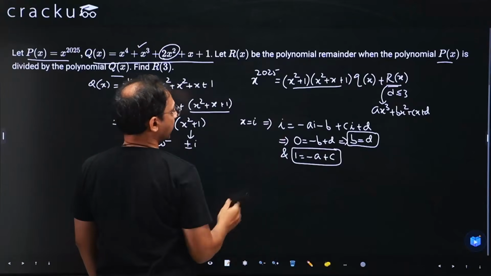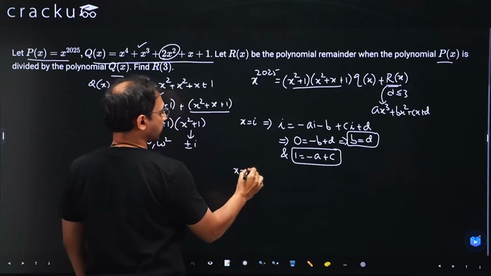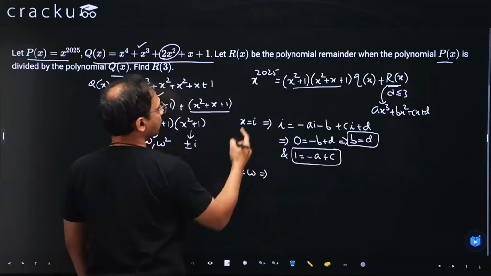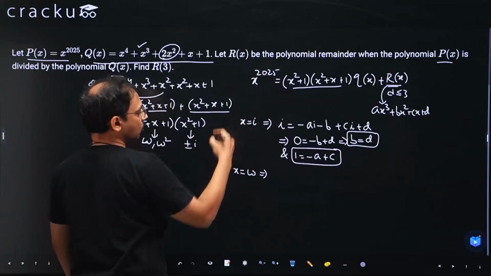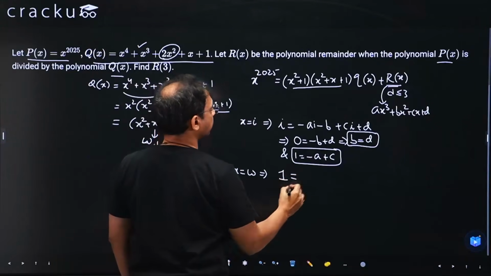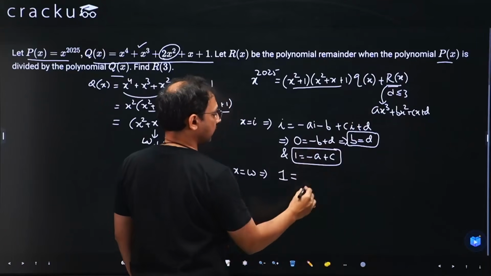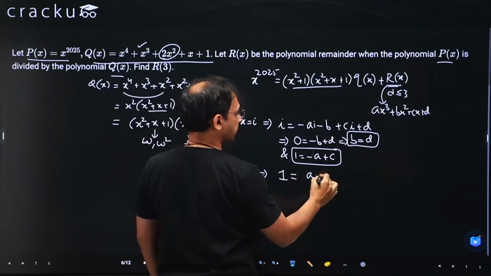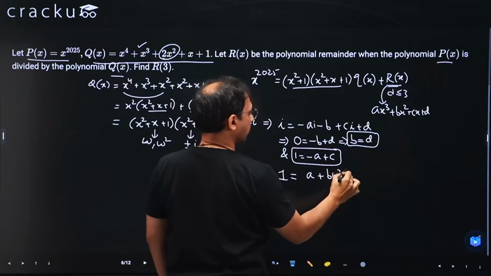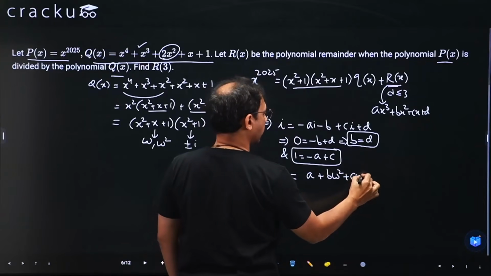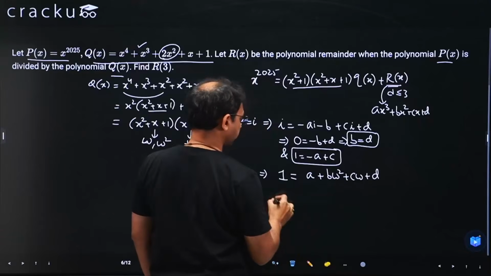Now I'll go with omega substitution. If I substitute x is equal to omega, this is a multiple of 3, so omega cube will become 1. This is 0. Here I get a into omega cube, that is a, plus b omega square plus c omega plus d.